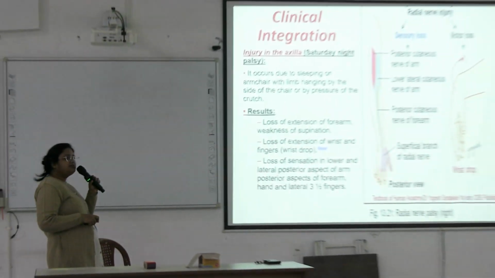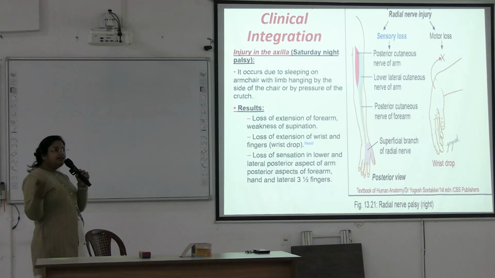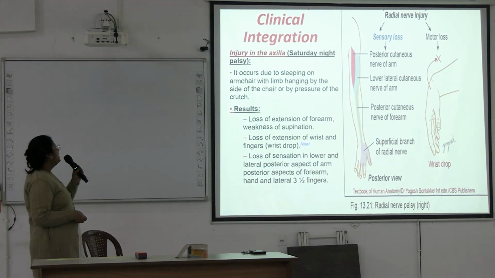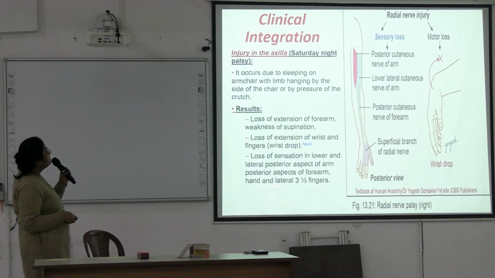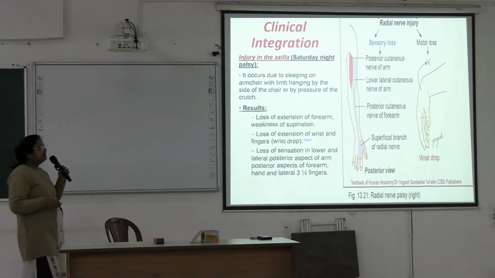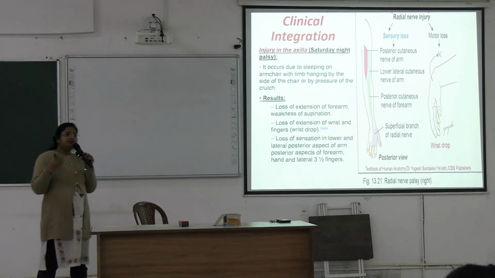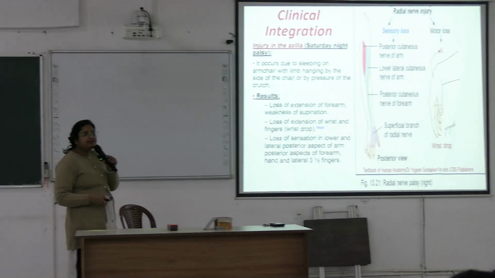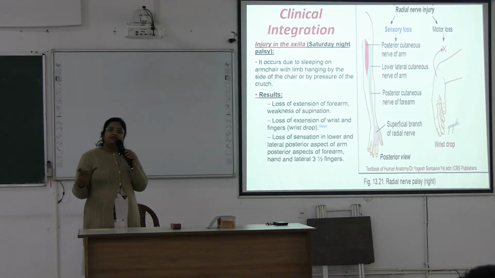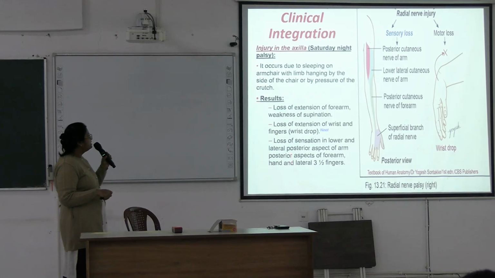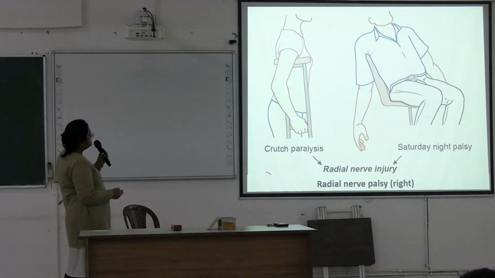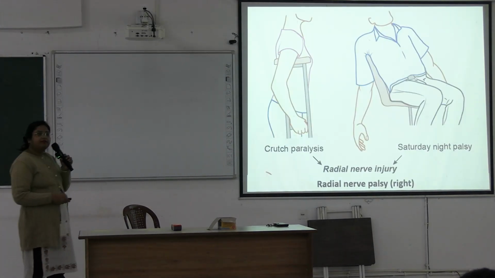Loss of sensation in the lower lateral and posterior aspect of the arm, lower lateral cutaneous nerve of the arm, and posterior aspect of the forearm and hand, and lateral 3.5 fingers. All those cutaneous branches are coming from the radial nerve, those will be paralyzed, so there will be sensory loss in this region. Crutch palsy, and this is Saturday night palsy.